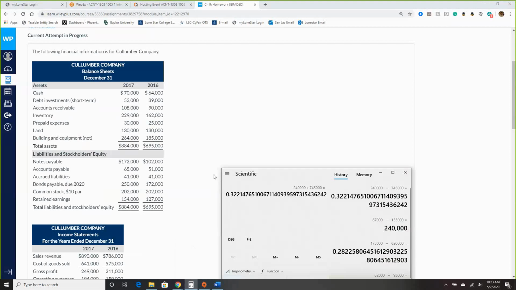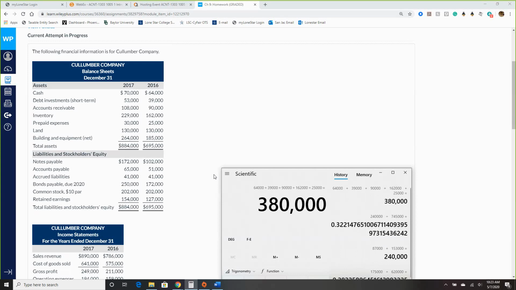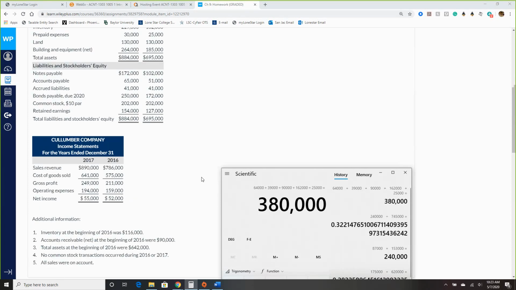So, we got our work cut out for us on this one. 39,000, 9,162, and finally 25,000. There's our current assets for 16. For current liabilities, this payable first. Did they say anything?